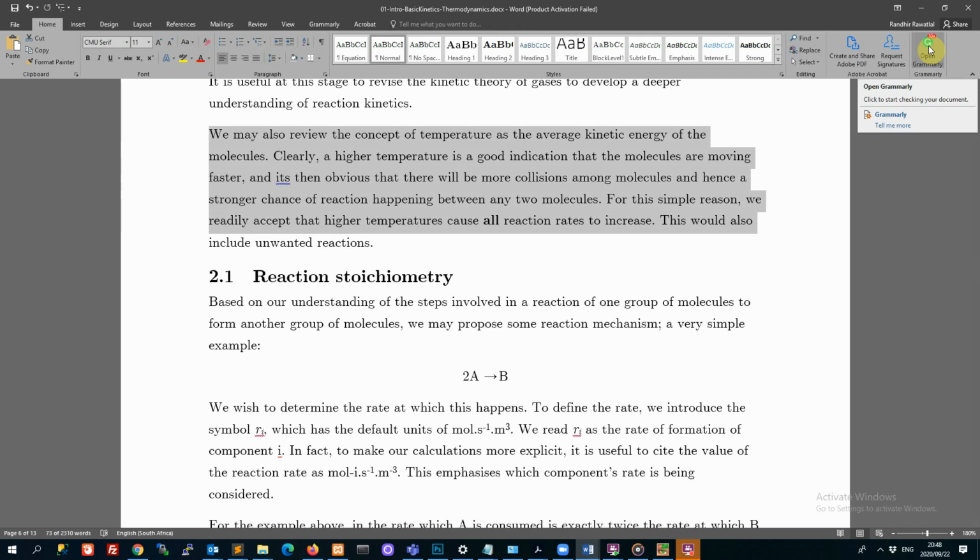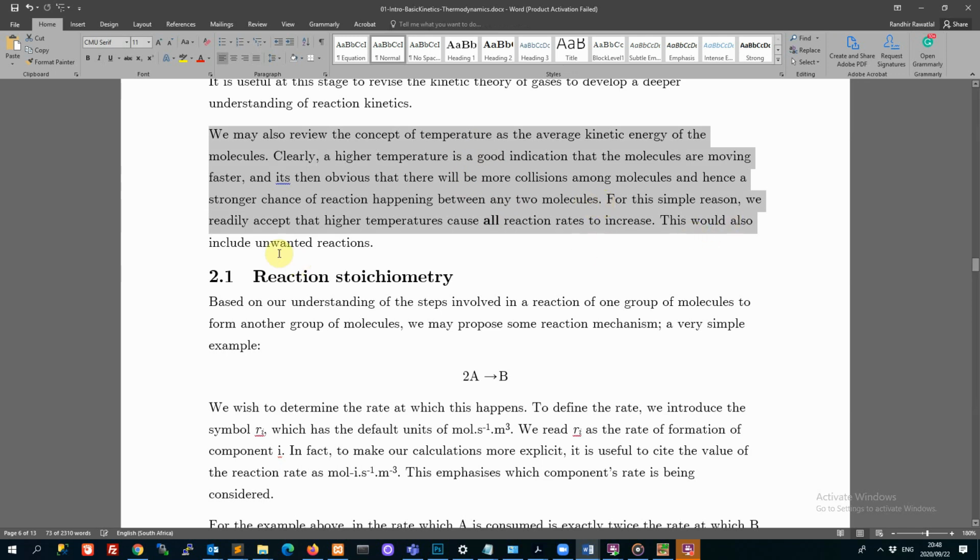So we can think of temperature as telling us how fast the molecules are bouncing around, and clearly the faster the molecules bounce around, the more they collide with one another. And so the higher the temperature, the higher the chance of something colliding and reacting. And so it's obvious that as we increase the temperature, the reaction rate must rise. So all reaction rates will increase with temperature.